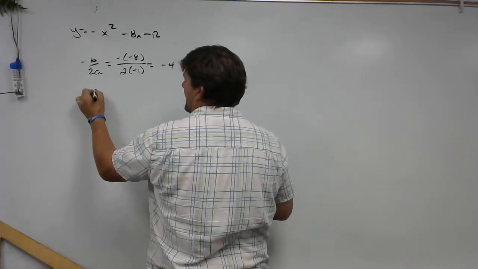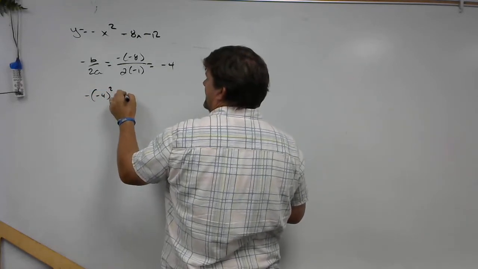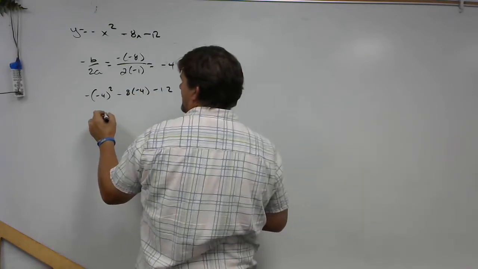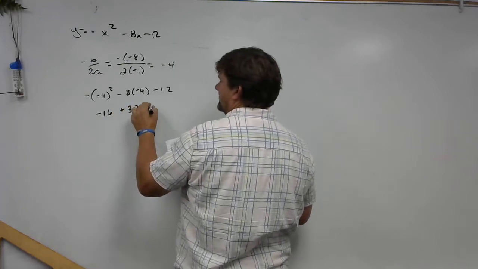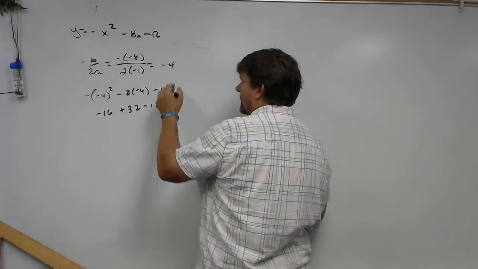And then we're going to get negative 4 squared minus 8 times negative 4 minus 12. This is going to be negative 16 plus 32 minus 12. That's going to be 20, and this is going to equal 4.